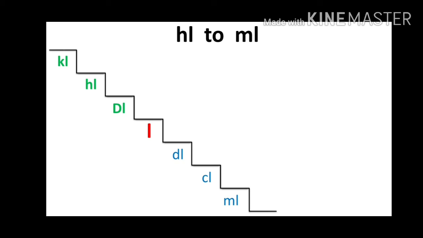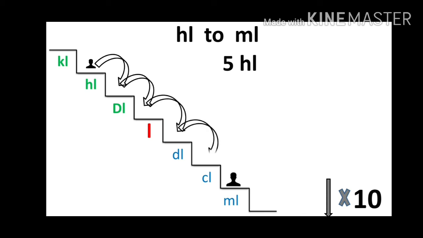Next, hectoliter to milliliter. Now the basic unit is liters. So according to that, we get kiloliter, hectoliter, decaliter, then deciliter, centiliter, milliliter. Same thing, we will take 5 hectoliter. From hectoliter to milliliter, we have to keep on counting. 1, 2, 3, 4, 5.